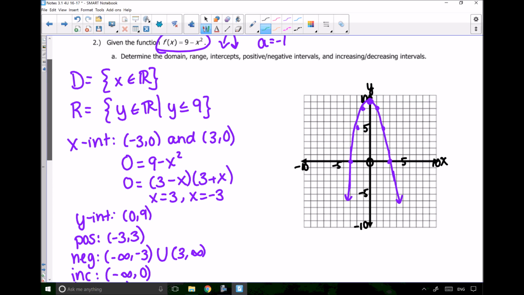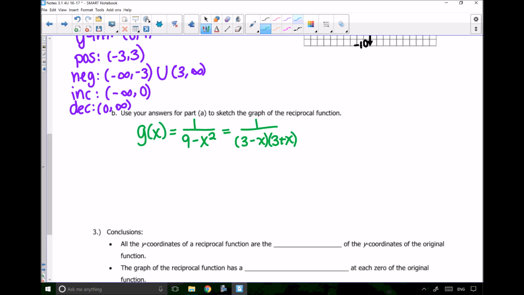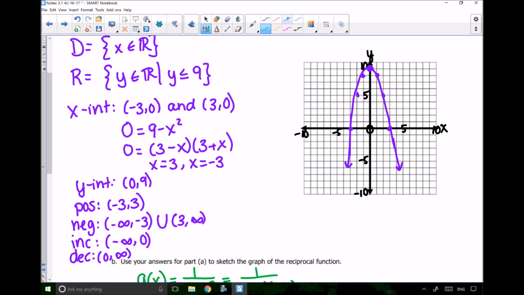Okay? All right, so now we have to see how we can apply all of this info to get our reciprocal function. If we know that we have an x-intercept at -3 and at +3 of our original function, then because the y value is 0, the reciprocal is 1 over 0, or undefined.